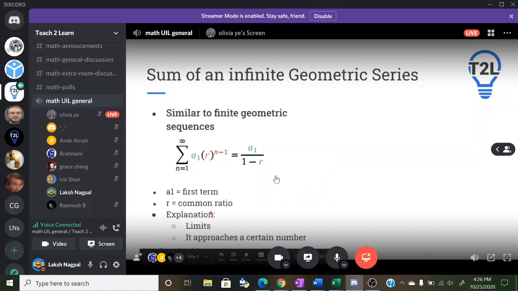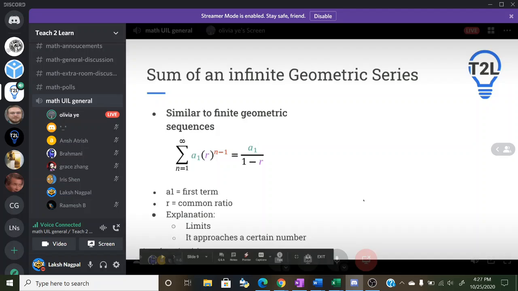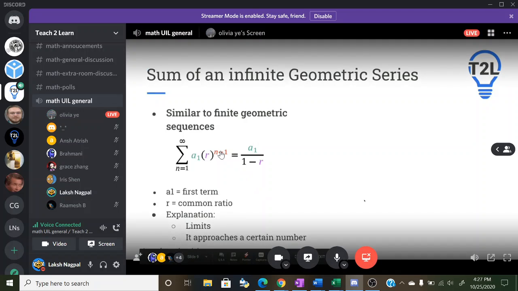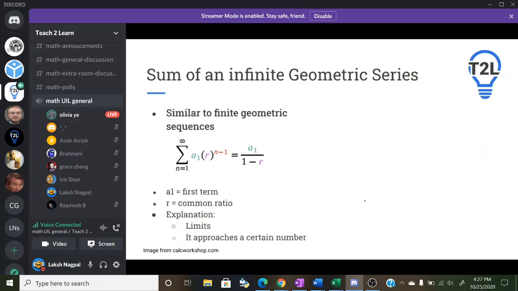Explanation: this formula limits the sequence until it approaches a certain number. The way limits work in this case is that eventually your number will get so small that it'll get really, really close to 0.